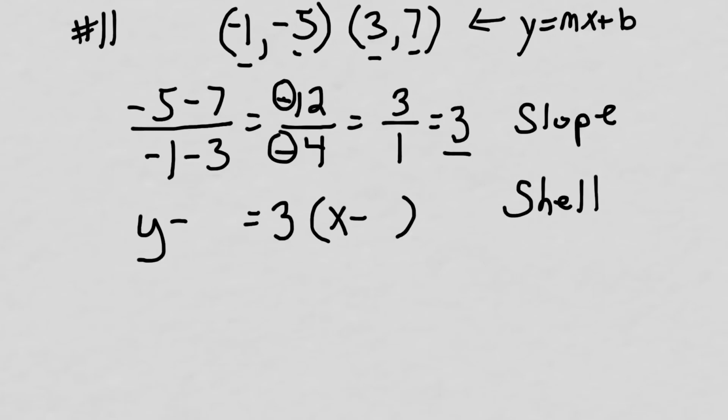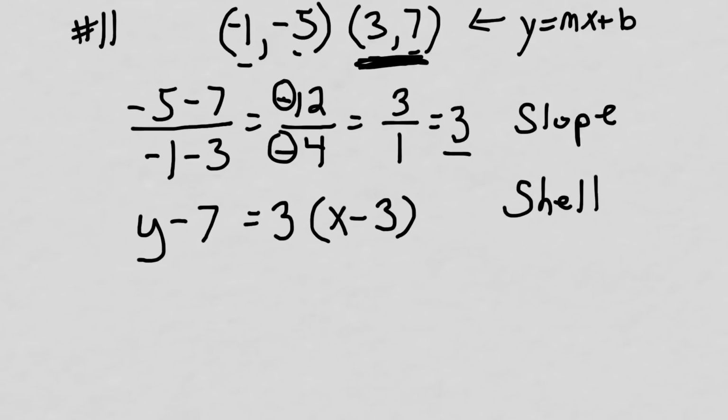And we're going to use the 3 and the 7. I'm going to use this point. I like to use positive numbers if I can. So here's the key point. I saw mistakes made. This is in the XY form. 3 is the X. Don't get these confused. The 3 goes with the X. The 7 goes with the Y.